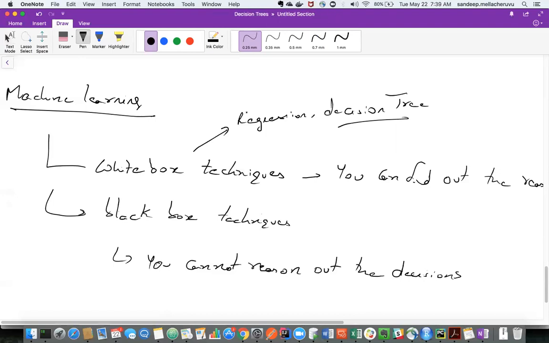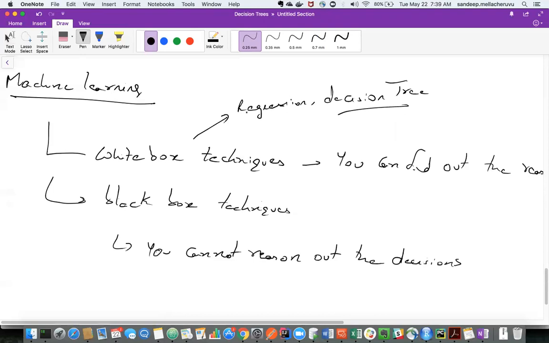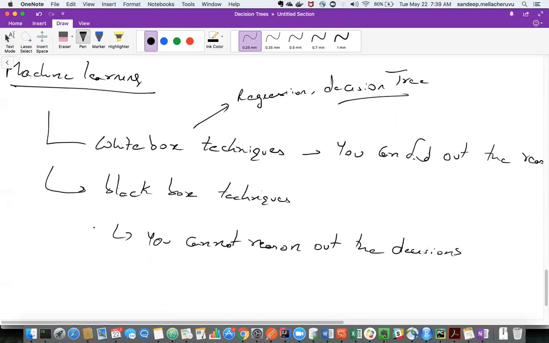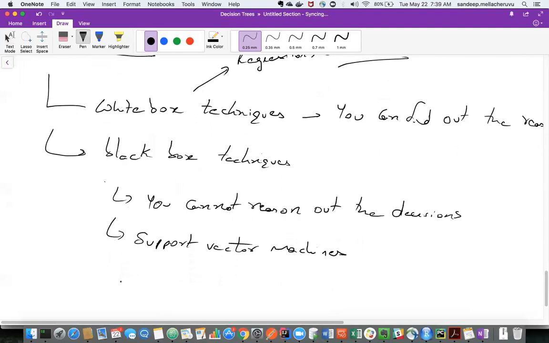It's a transparent model. But if you see black box models, here I can give examples. We did not cover any of these topics. One is support vector machines. It is very, very difficult to identify what is the reason that support vector machine gave this answer. It's very, very hard to reason out. In fact, it is impossible to reason out as well. Neural networks.